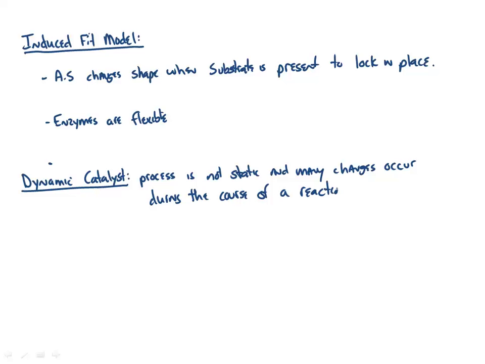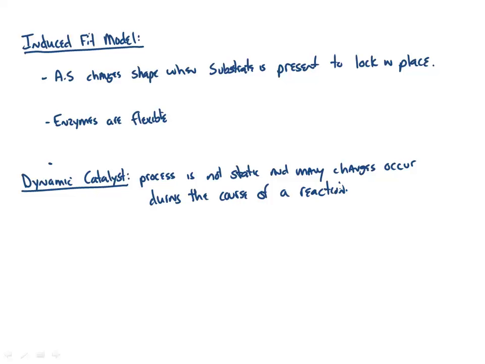In this case, we can only give you a couple ideas about what sort of dynamic processes can occur, because this is going to be specific for every single reaction, meaning a reaction that adds a phosphate to a molecule is going to have obviously different things occurring than when, say, a molecule is broken in half or a bond is strained and broken. But the general idea is that the catalyst itself, that enzyme, is dynamic, and that what we're really witnessing is an entire series of events instead of a single event where somehow the catalyst binds to the substrate and the next thing you know you have a product. We're trying to get a deeper view of that.